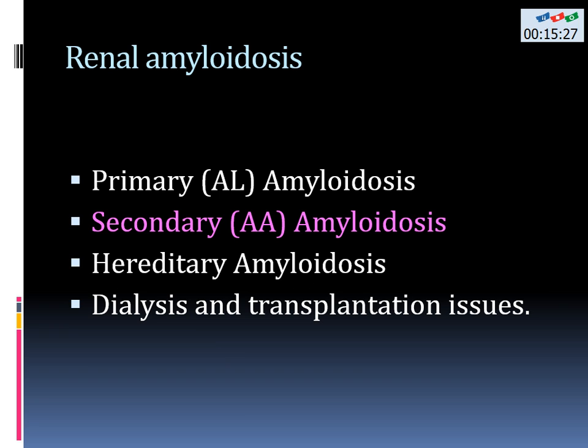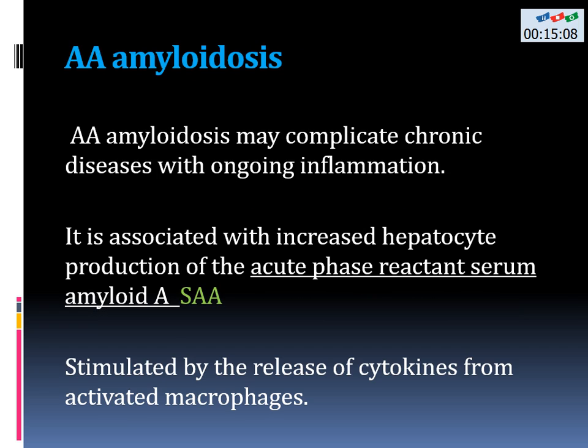The second issue here is secondary amyloidosis. It's a totally different story, but again, we're going to be concerned with two main things, which are the fibrils, as we said before. You can't diagnose amyloidosis without the fibrils, and again, the non-fibrillar components. The definition does not change, no matter how the type of amyloidosis changes. AA amyloidosis, we all know that it complicates chronic diseases associated with inflammation or recurrent inflammations.